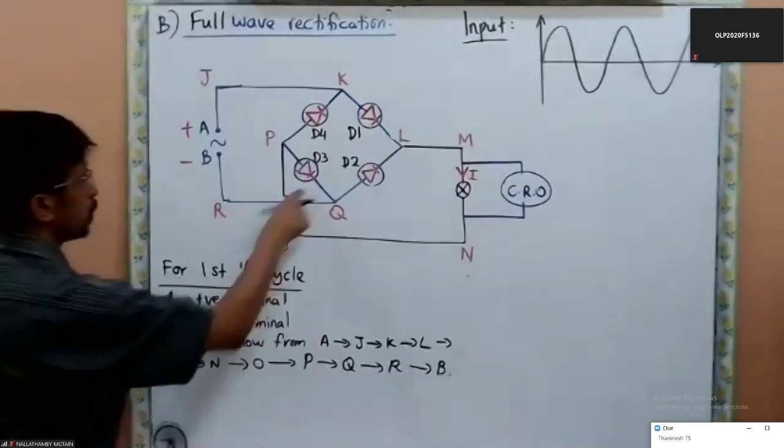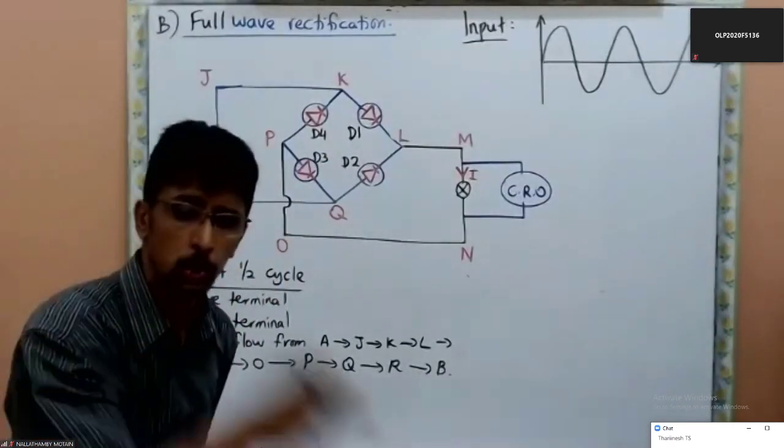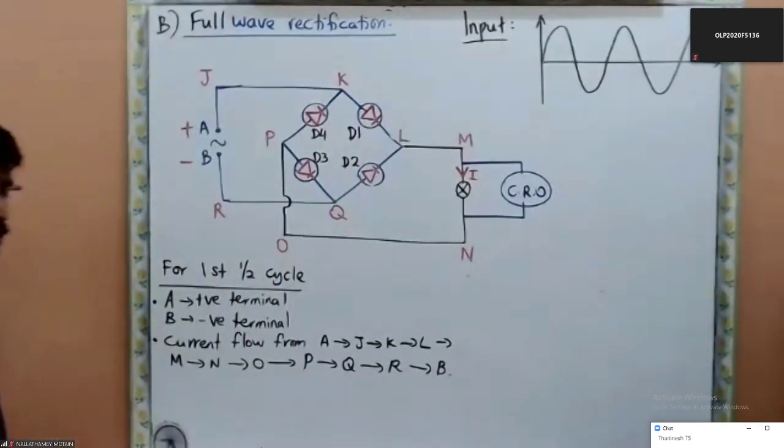Current flows through diodes D1 and D3, because these are the two diodes that allow the current to flow. So we say these two diodes are forward biased.